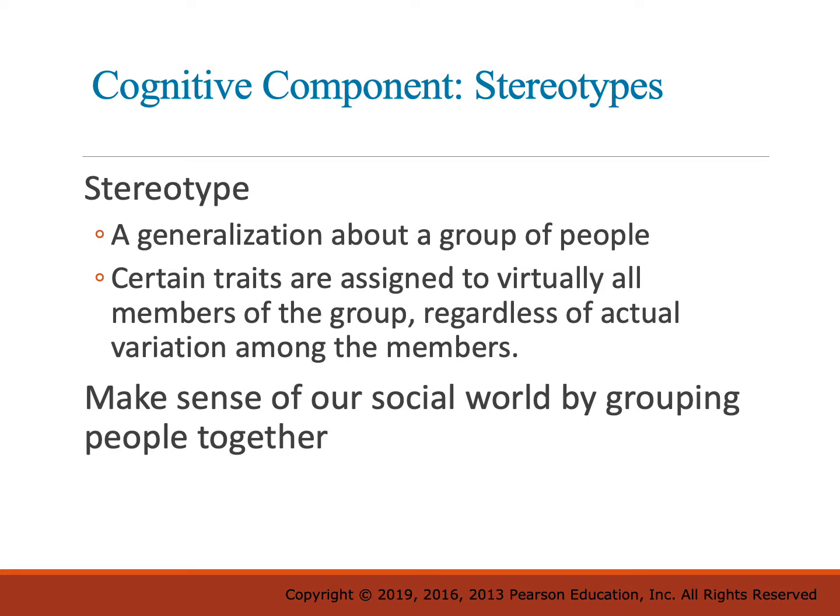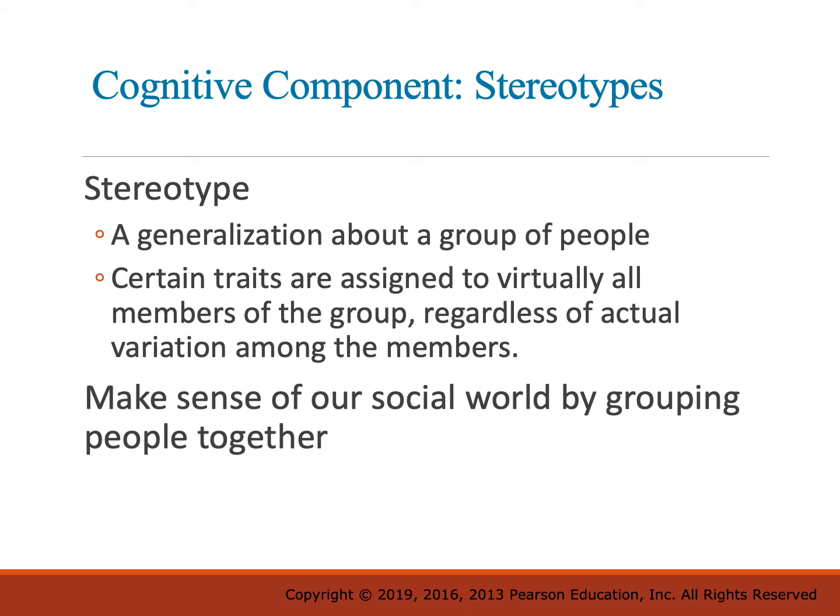Stereotypes, okay? These are generalizations about a group of people, certain traits that are assigned to virtually all members of the group, regardless of actual variation among the members. And these stereotypes, these are cognitions. They were supposed to be helpful. That's why we developed this type of cognition, because it helped us make sense of our social world by grouping people together.